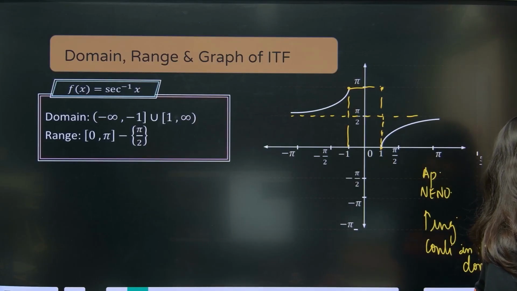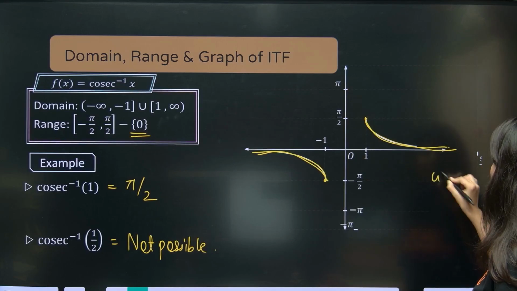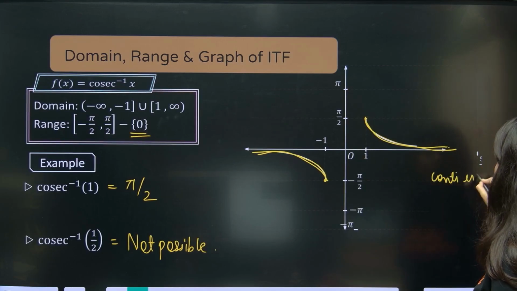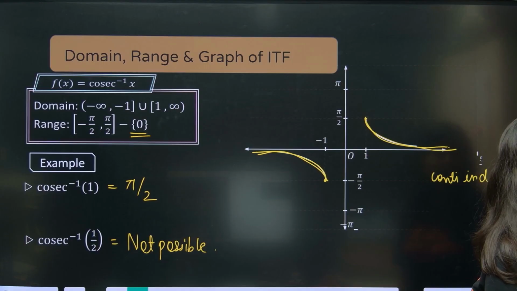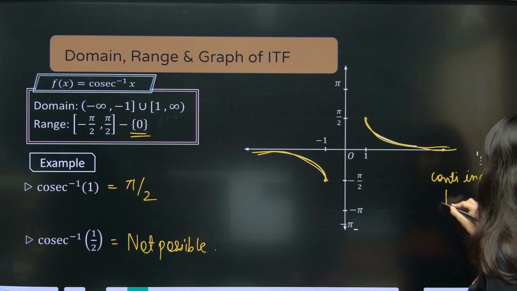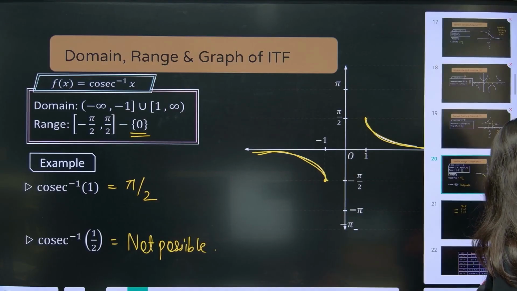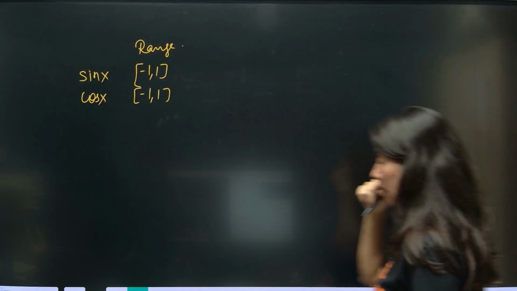Continuous in its domain. Okay, when we say the word continuous, it means continuous in its domain. And can you see the graph is decreasing? Sin x, cos x.